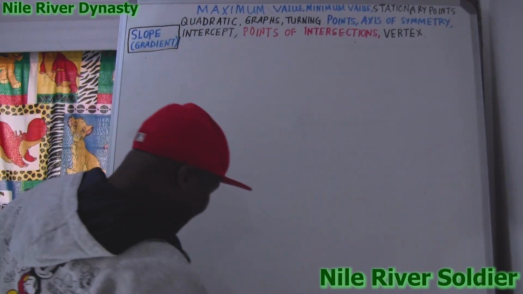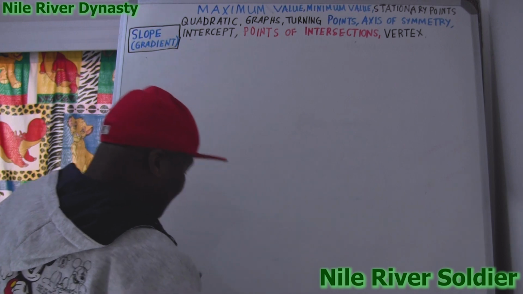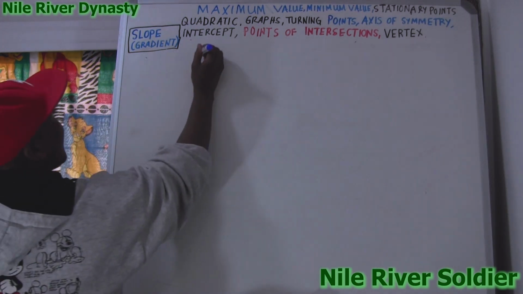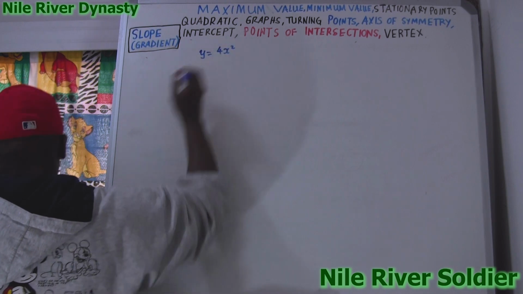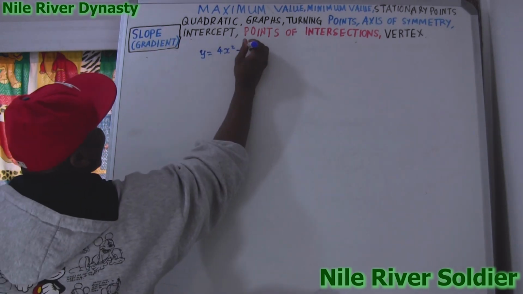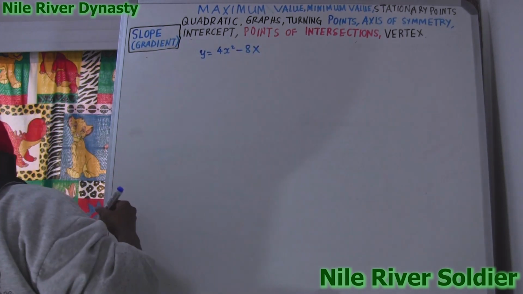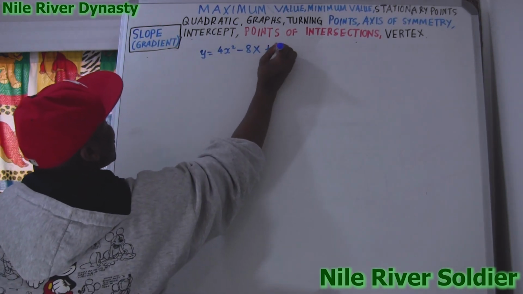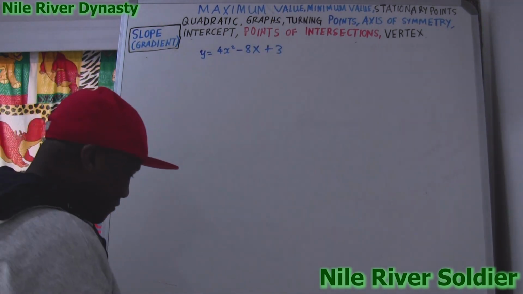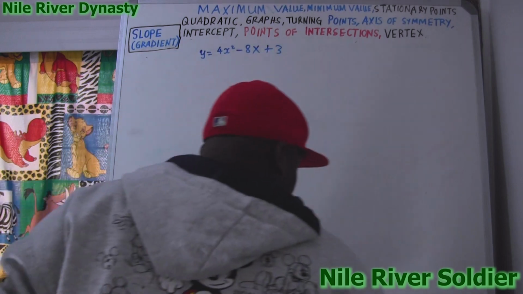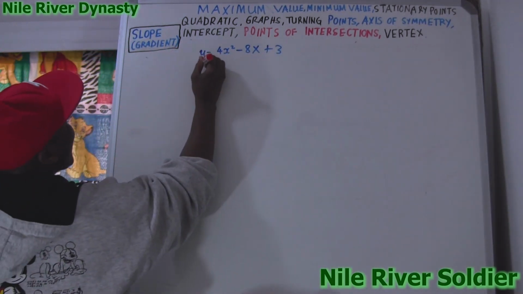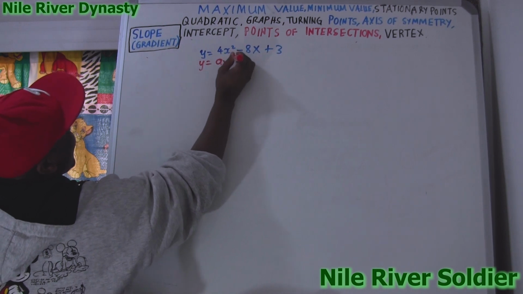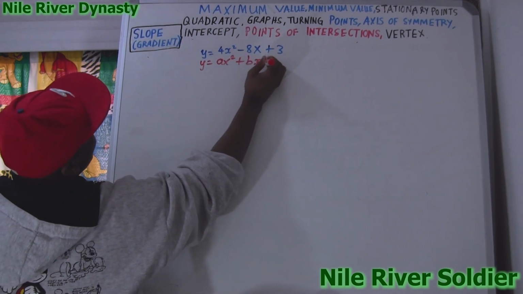Okay, so for example, somebody gives you y equal to 4x squared minus 8x plus 3. We have to find all of the stuff there on top. First and foremost, if I write it inside the equation, this is ax squared plus bx plus c.